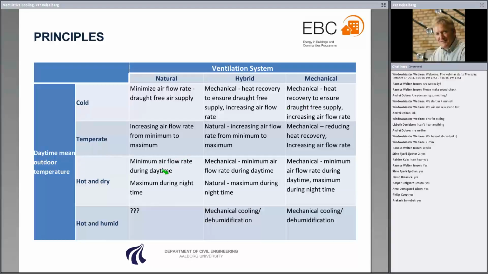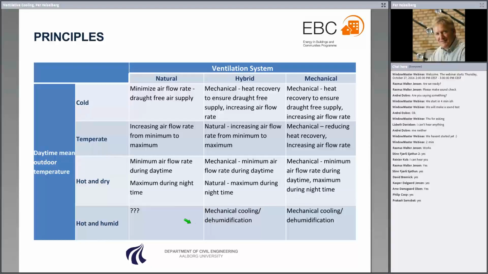Similarly, you could see a situation here, for example, if you have a hot and dry period, then for a natural system you should use a minimum airflow rate during daytime, and you should maximize the airflow rate during nighttime. Same is the condition with mechanical systems, that you should exploit the cooling potential that is largest in the nighttime.